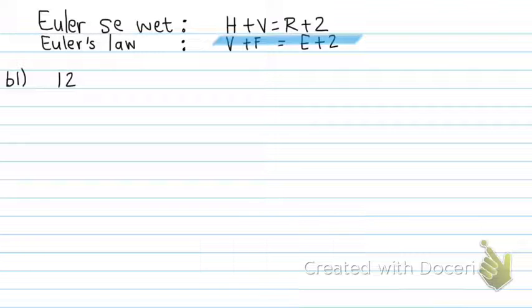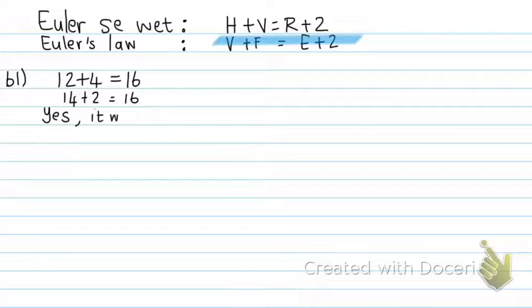So we have to add the vertices and faces and see if it equals the edges plus 2. They gave us 12 vertices and 4 faces. 12 vertices plus 4 faces is equal to 16. And then I take the edges, 14 plus 2 is 16. So yes, it will be a polyhedron.